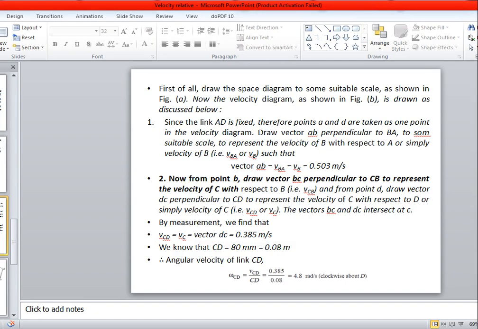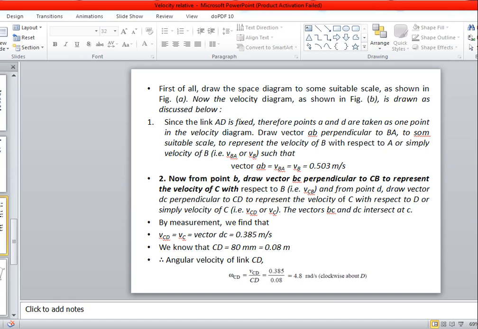Nothing else. Excuse me. Yes, tell me. Sir, since I have taken a 1:2 ratio, I am getting every value in half, sir. See, whatever scale you take, at last you have to convert that scale factor and give the answer in meter per second only. Whatever velocity scale you take, if you take a different scale, all will get different answers.